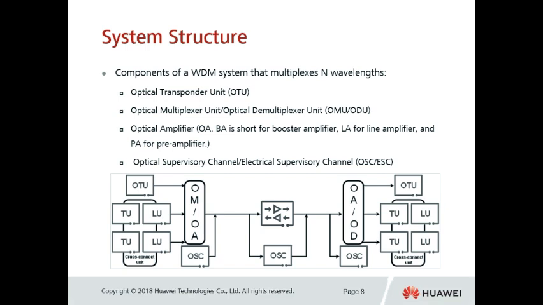After the service arrives at the destination, you can see we drop the OSC channel first. Then the service will be sent to the optical amplifier, because after long distance transmission, optical power will have decreased a lot. If at this time we do not amplify it and just connect it to the OD, the optical demultiplexer unit, directly... This OD is very good.